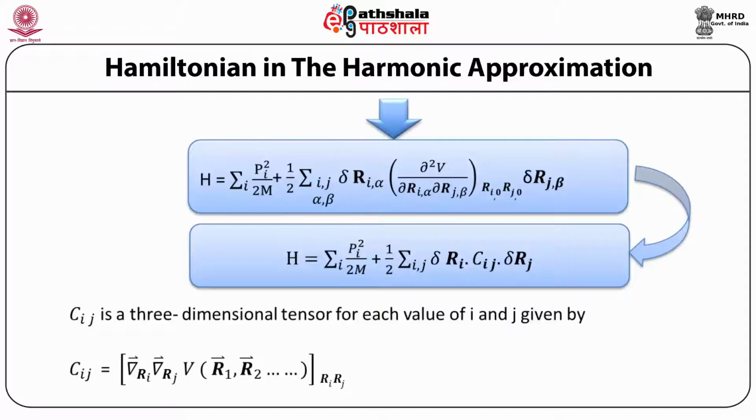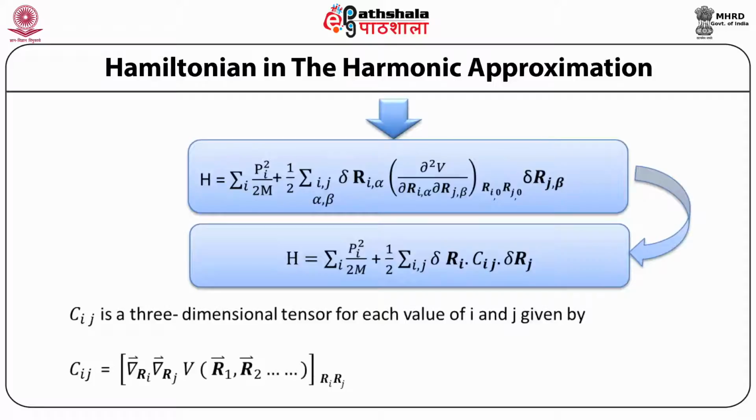And this is exactly what is called the harmonic approximation. So the Hamiltonian in the harmonic approximation is H equals the summation over all the ions pi square by 2m, which is the kinetic energy, plus now the first non-zero term of the potential, which is the harmonic term. So now we can write this in a very short form.